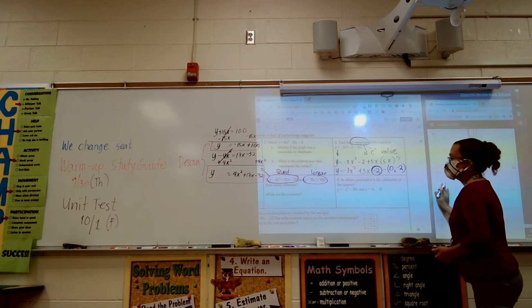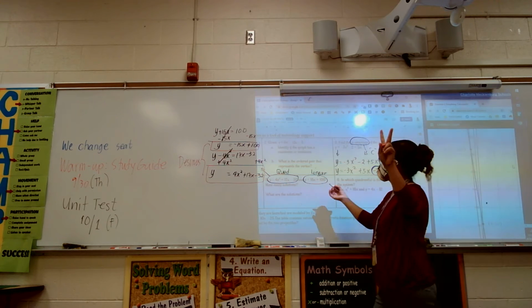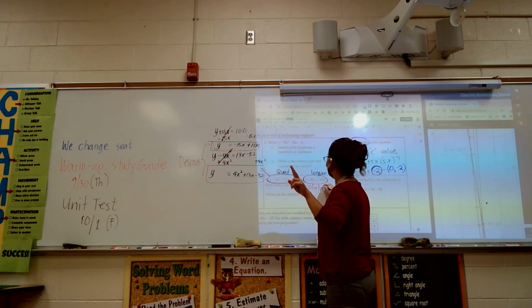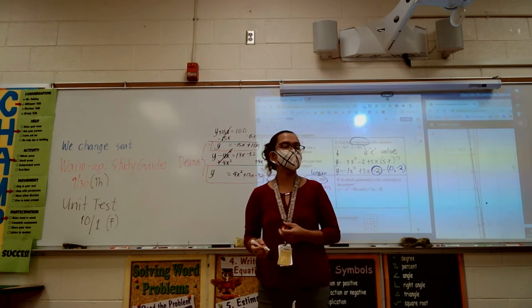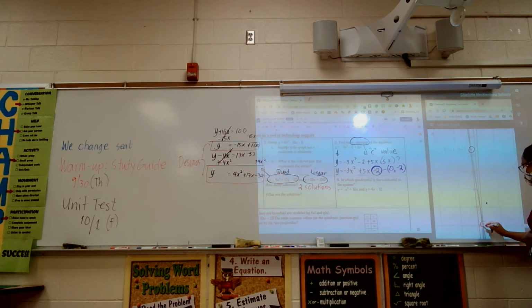So, it says how many solutions do we have? How many times did they intersect? 2 times. So we have 2 solutions. So what are the solutions? Meaning to say we're getting the point where they intersect each other.